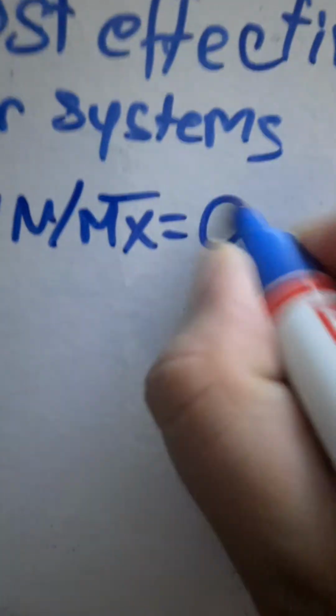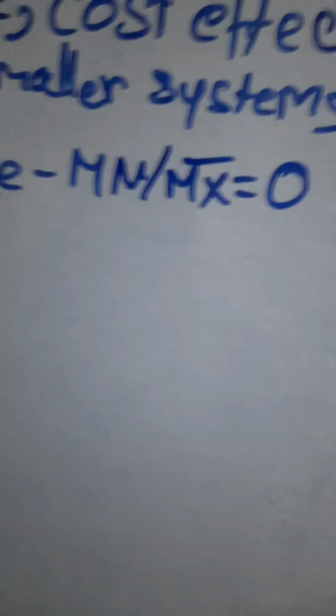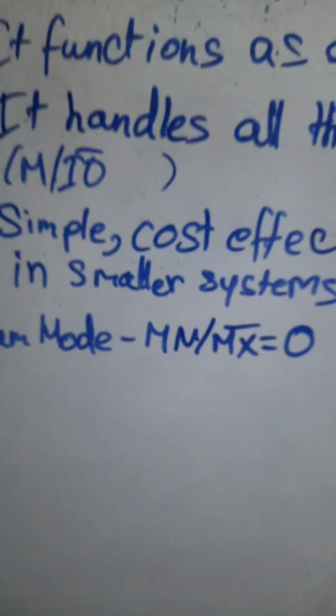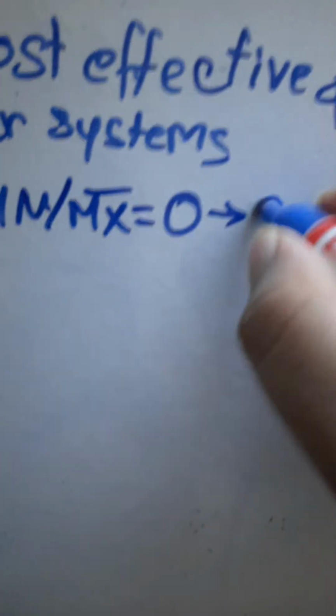So, maximum mode. What happens in it is MN slash MX bar becomes 0. You can ask anything related to this if you have any doubt. So this is connected to ground.